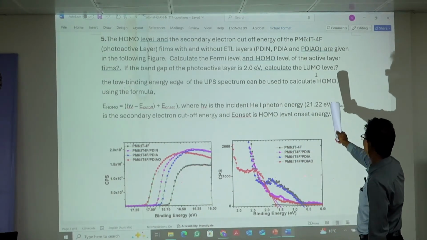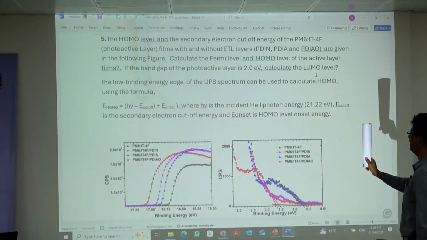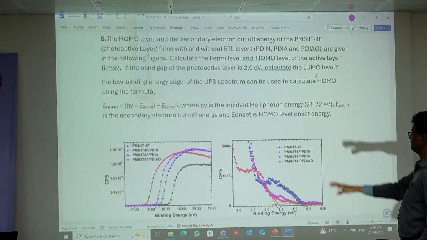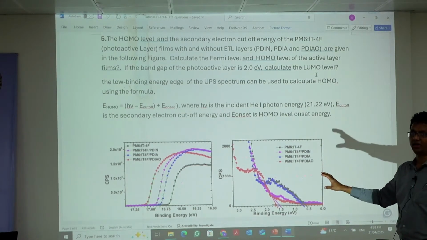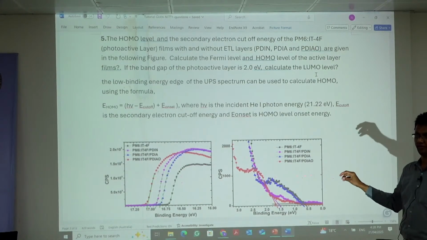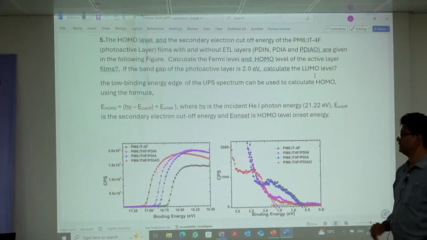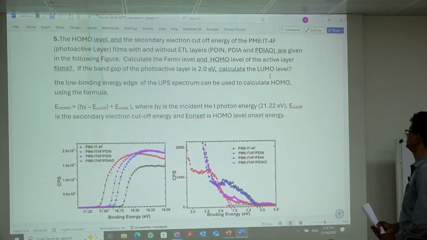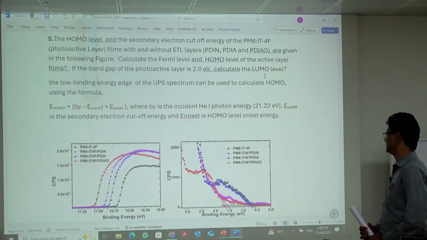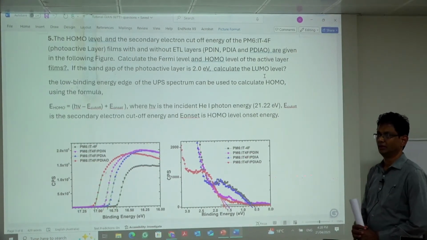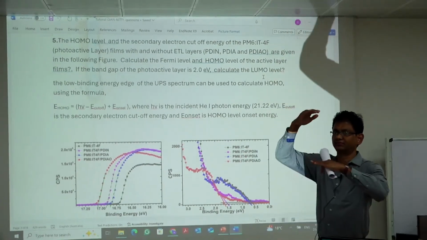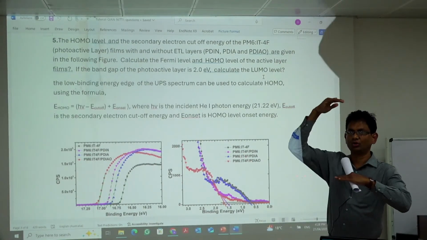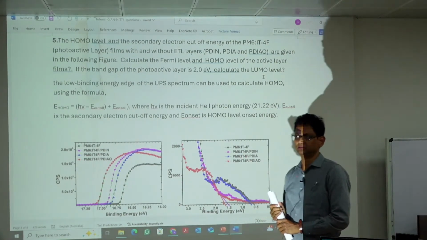And I asked the question, if the band gap is 2, what is the LUMO? From this graph, you can find out what is the Fermi level and what is the HOMO level. You see the formula. You need to have some idea where is the Fermi level, where is the HOMO level, where is the LUMO level.